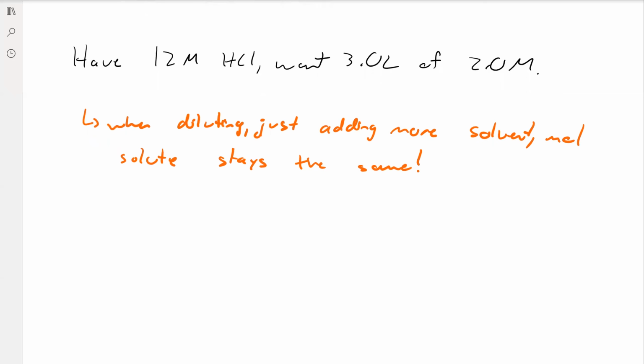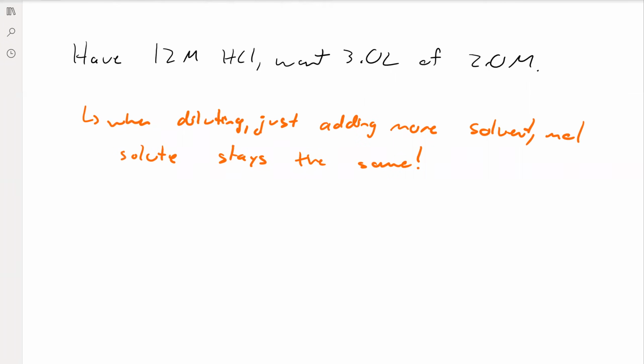So let's take a look at how we're going to solve this problem. We have 3 liters is our unit that's not a conversion unit. Remember, 12 molar means 12 moles of HCl per 1 liter of solution, and 2 molar means 2 moles of HCl per 1 liter of solution. So those are conversion units.